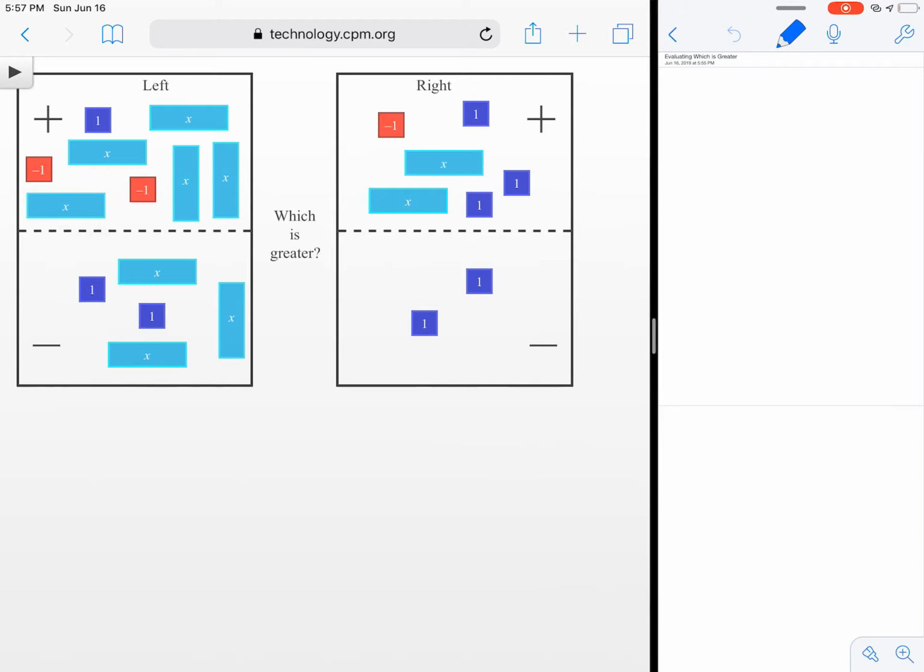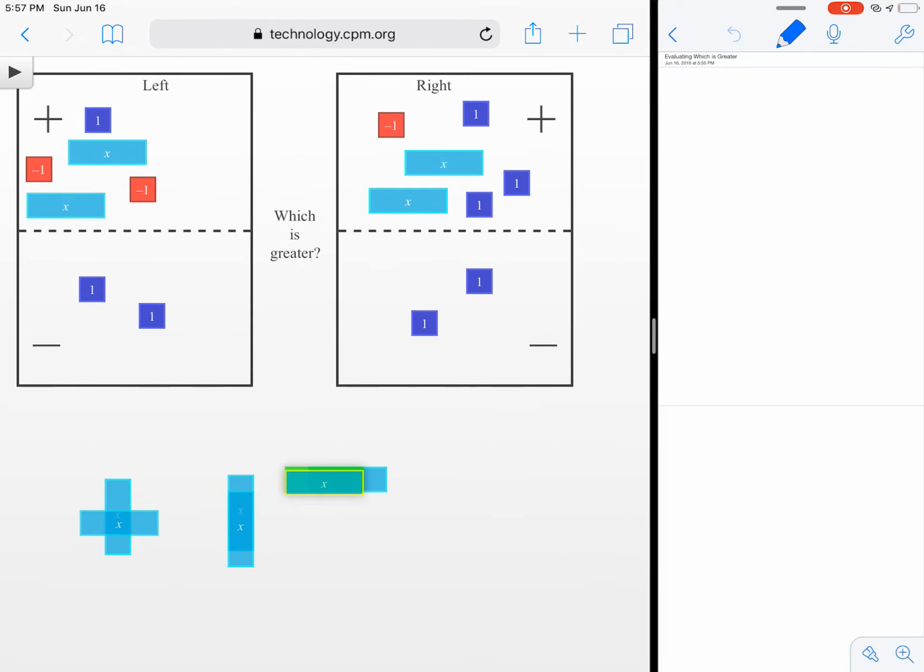I'm going to focus first on the left side, and I know that if I have the same color tile on the front and bottom, they cancel out, so I'm going to do that with these tiles. I'm left with two X's in the positive end.